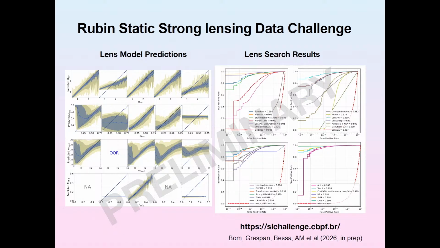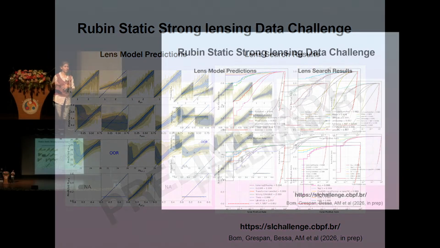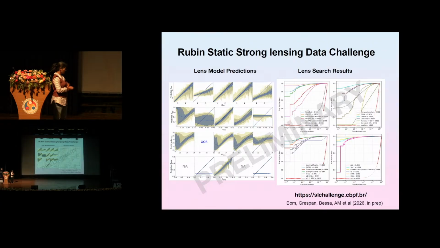And on the right hand side, we have the typical ROC curves, which allow us to evaluate how well the networks are performing, and these different panels show results from different teams. So more work is going on in this direction, and you will hear soon the entire results that we have obtained. This website also gives you details of this challenge.